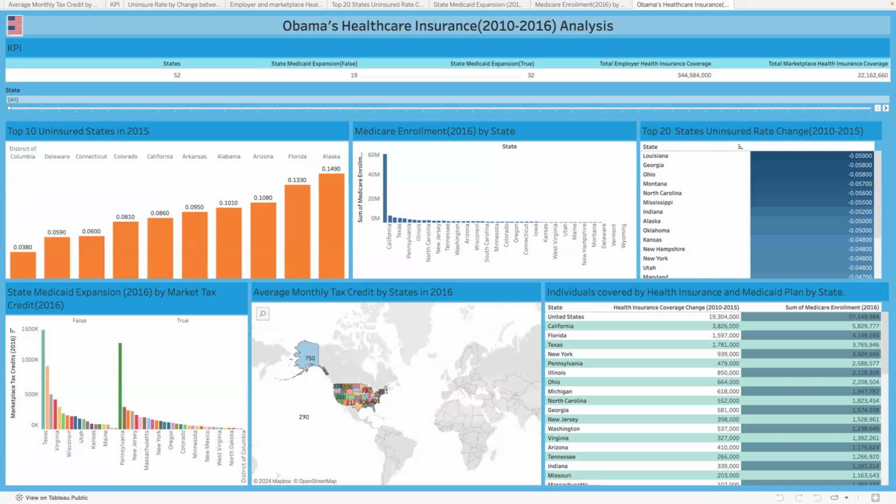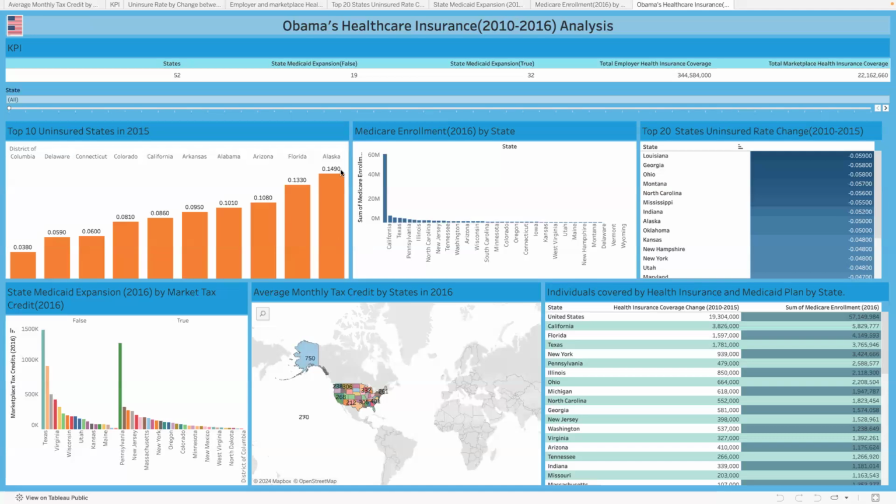The Medicaid expansion program under Obama was not adopted by all states, which led to a coverage disparity in the US. The data used for this analysis was compiled from the United States Department of Health and Human Services and the United States Census Bureau, and was sourced and provided by Quantum Analytics.